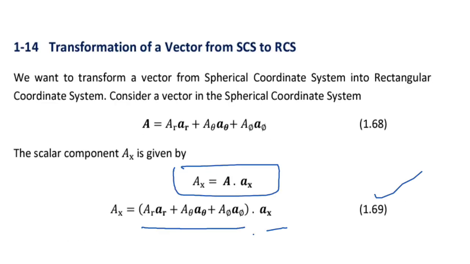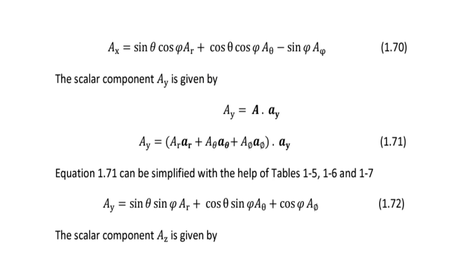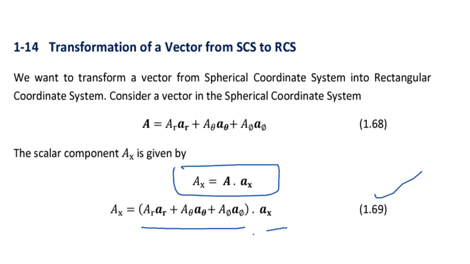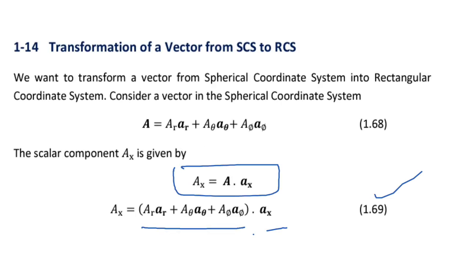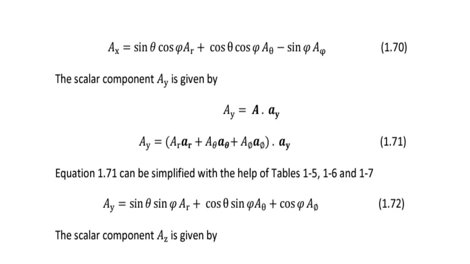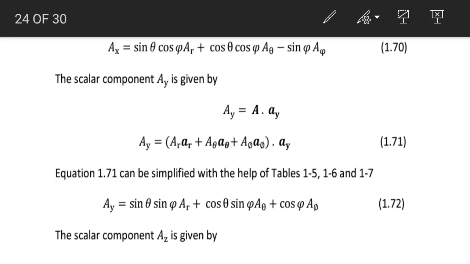Okay, so over here we consider ar dot ax, which is equal to sin theta cos phi, then a theta dot ax, which is equal to cos theta cos phi, and then a phi dot ax, which is minus sin phi. So we simplify the right hand side of the previous equation with the help of table number 1.6 and 1.7. So we get the x component of this vector.